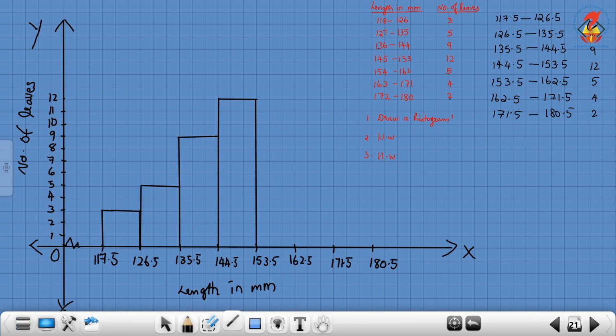Next 153.5 to 162.5, 5. Next 162.5 to 171.5, 4. Next, the last one, 171.5 to 180.5, 2.